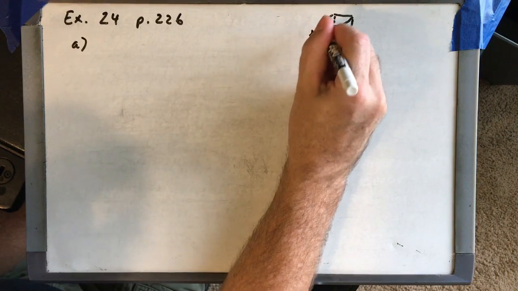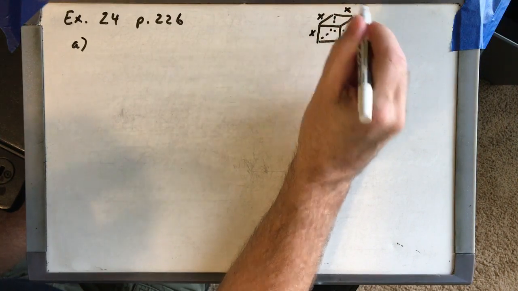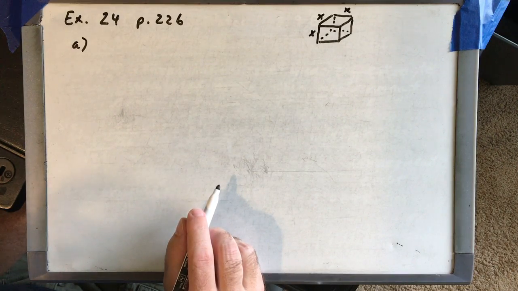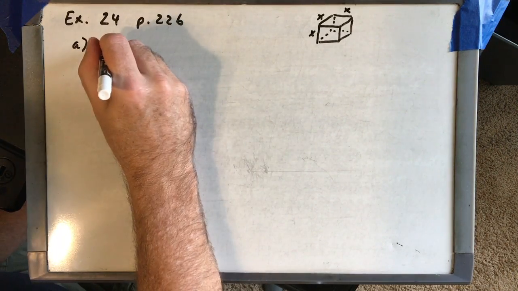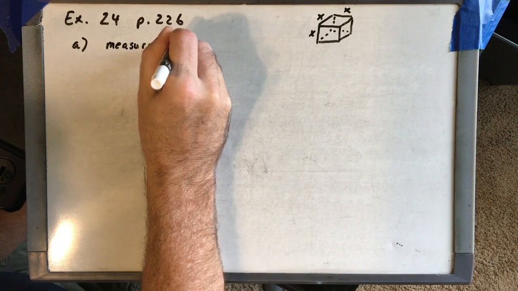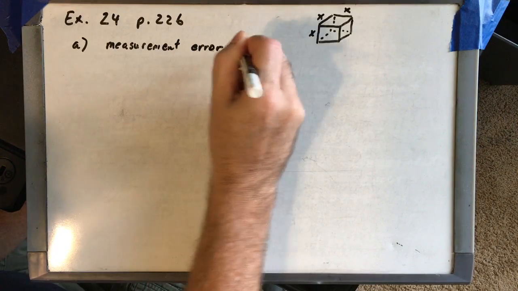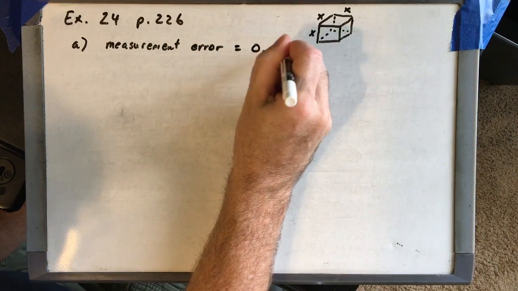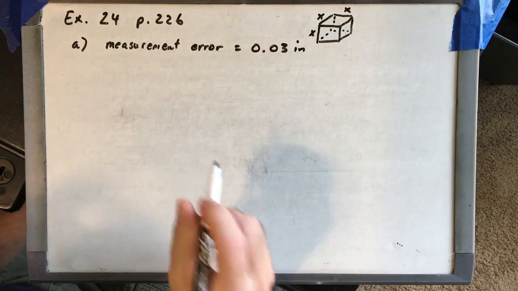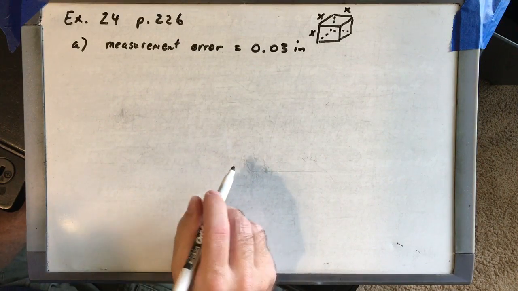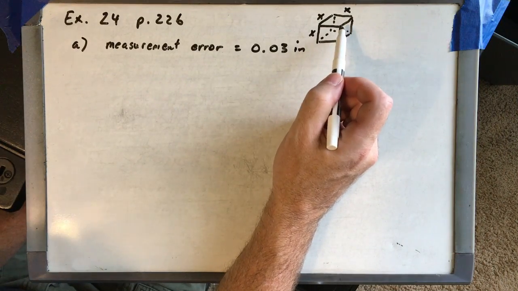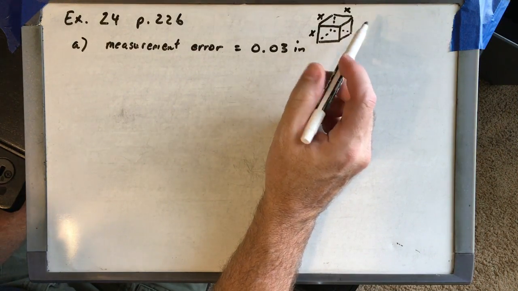So that's x, that's x, that's x. They're all x. In this particular example, it says that our measurement error is 0.03 inches. Okay, so we know that measurement error. We want to figure out the propagated error for measuring a cube, both the volume of the cube and in part B, the surface area of the cube.